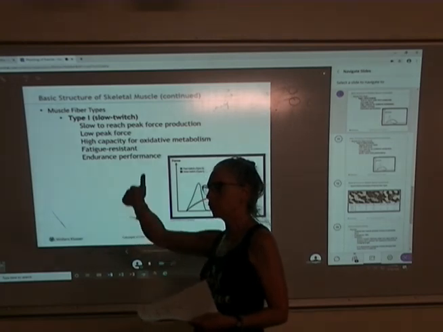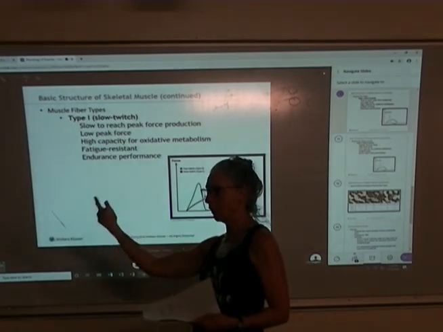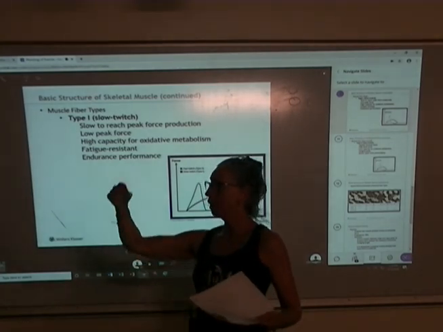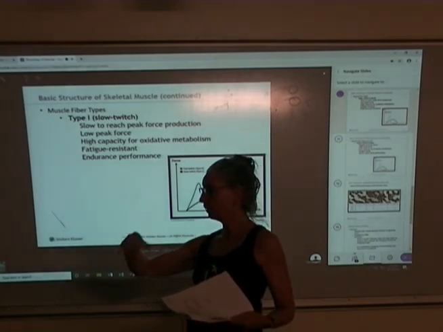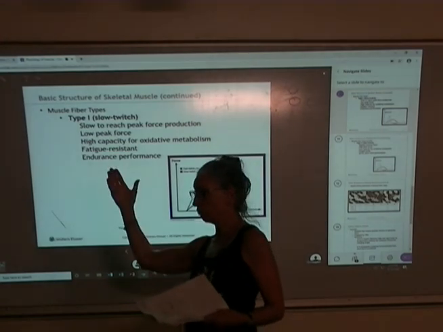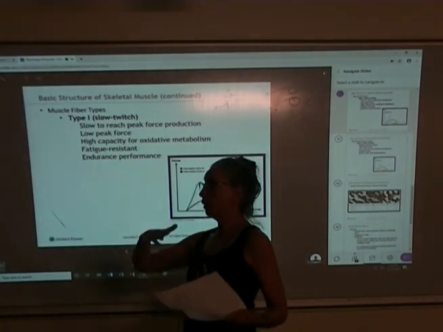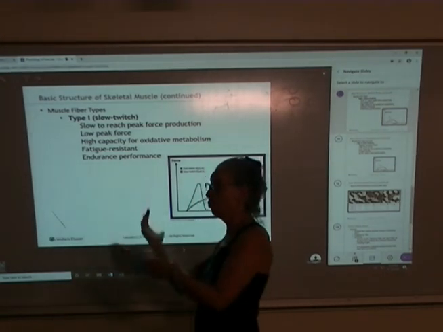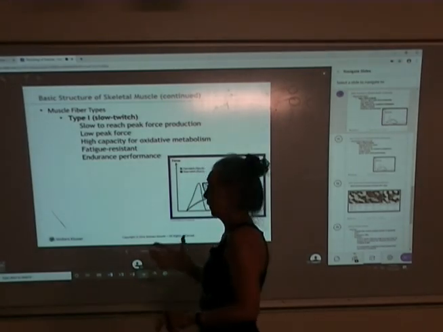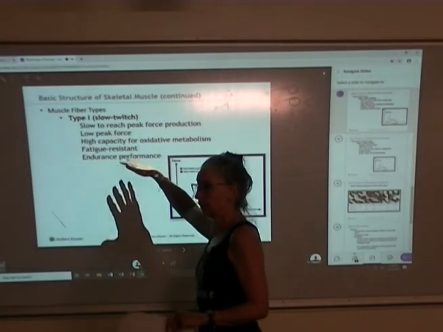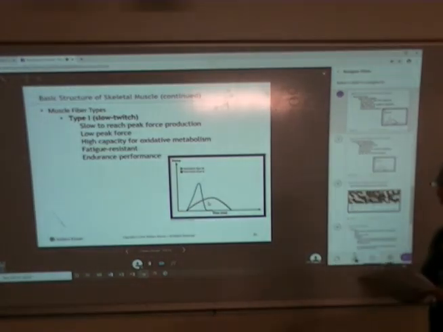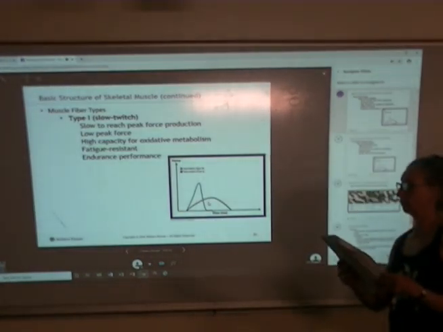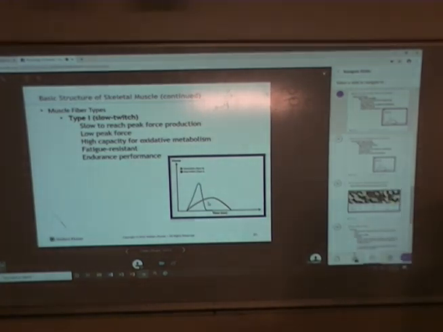Remember, we're only producing water and carbon dioxide, neither of which are toxic within the muscle cell. Right? Because the carbon dioxide gets moved out very quickly, and the water can get used or moved out. Right? So they're fatigue resistant, which means they're really good for aerobic performance or endurance events. Okay.